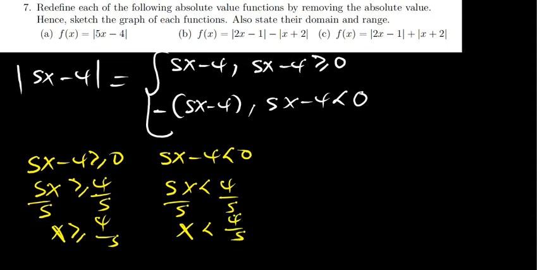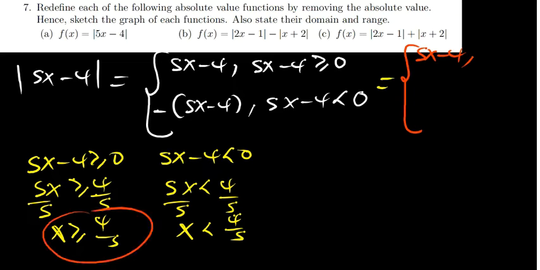Now the next point, this is going to be equal to 5x minus 4. Now I've solved for x, I'm going to put this as the condition, comma, x has to be greater than or equal to 4 over 5. Next, if I multiply negative times 5, I'm going to get negative 5x.